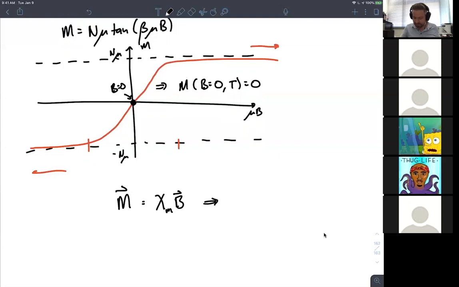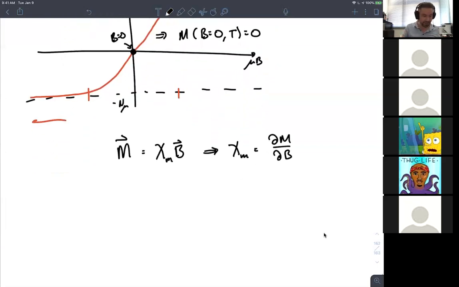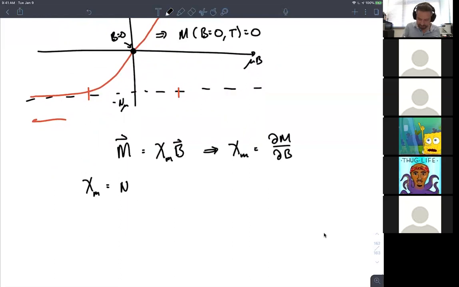If you want the magnetic susceptibility, you take the derivative of the magnetization with respect to the magnetic field. When we do that, I believe we get N mu beta times 1 minus tanh squared of beta mu B. The problem with this is that it scales with the size of your hunk of material, which doesn't really make sense.